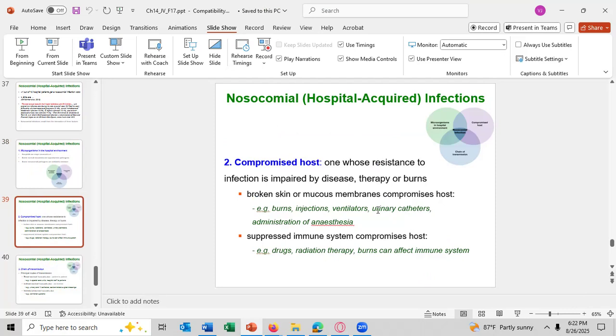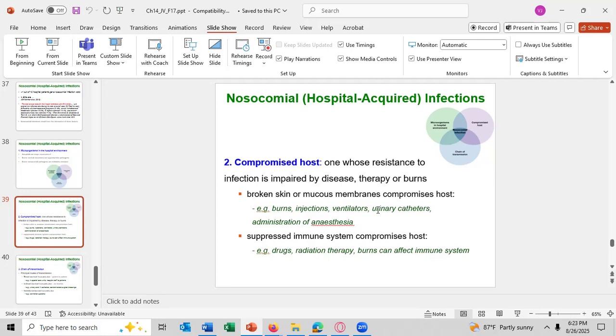If the patient has broken skin or broken mucous membranes, they are a compromised host and much more likely to get a nosocomial infective agent. Burns, injections, ventilators, urinary catheters, the administration of anesthesia, all can weaken the host and then make a nosocomial infective agent much more likely to infect the patient.